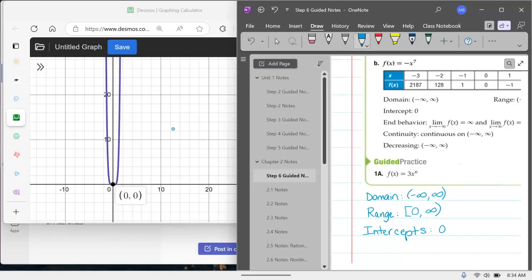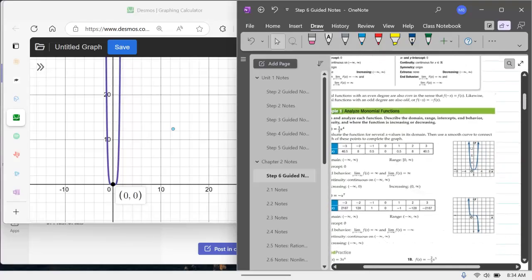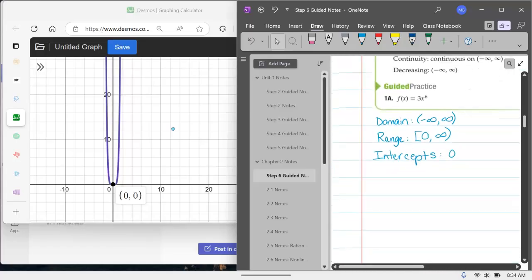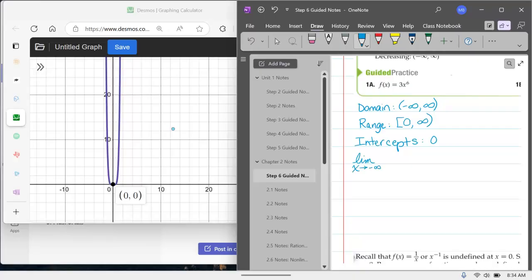The end behavior is actually going to be the same end behavior that we had right up here for part A. You can see how similar these functions look when you graph them. So for our end behavior, we write the limit as x approaches negative infinity of f of x is infinity.